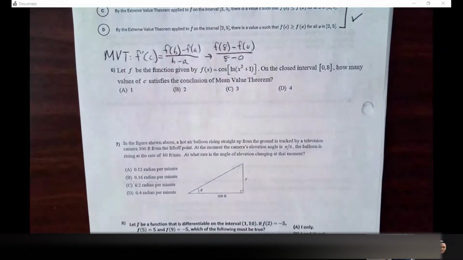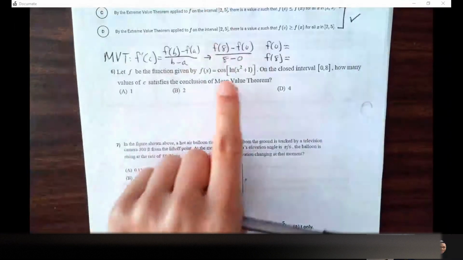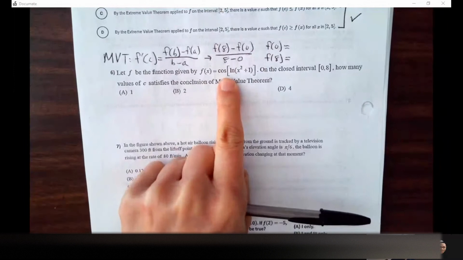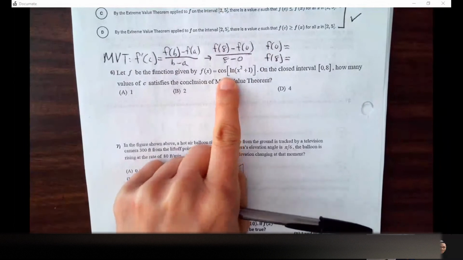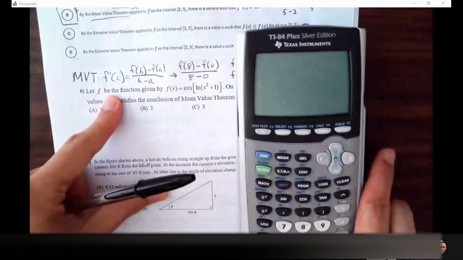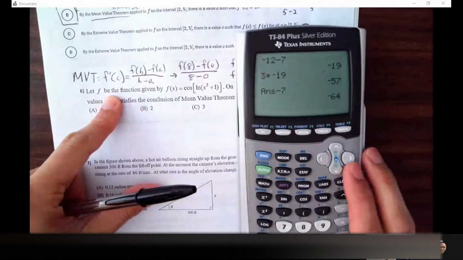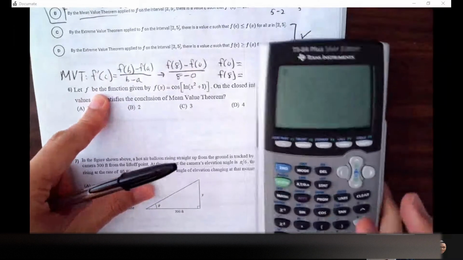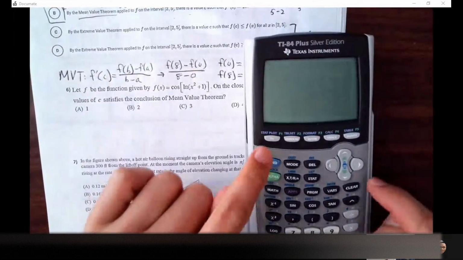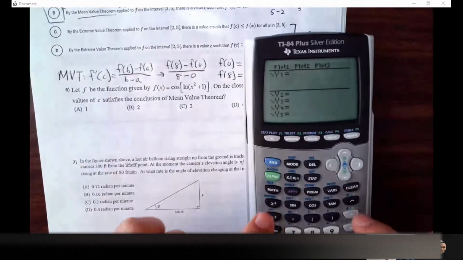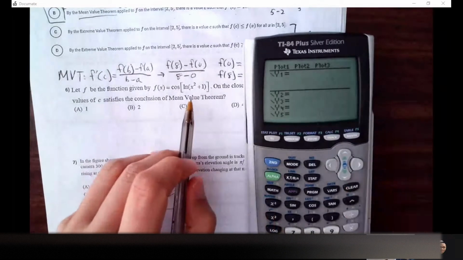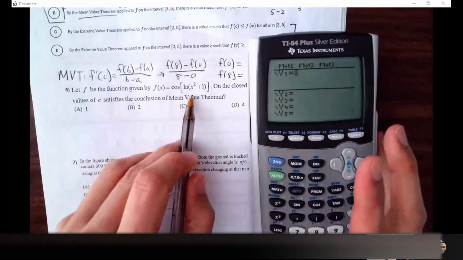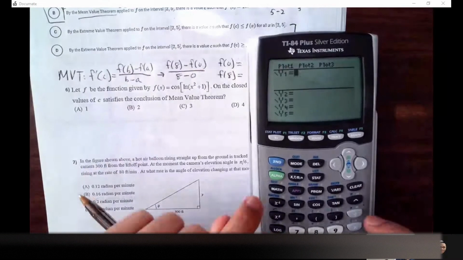But I do need to find ordered pairs at these points. So I need to find f of 0 and f of 8, which can simply be inserted into the function. We can use our calculator for that. I'm going to enter my function into y1 so I can just call it and not have to enter this every time.